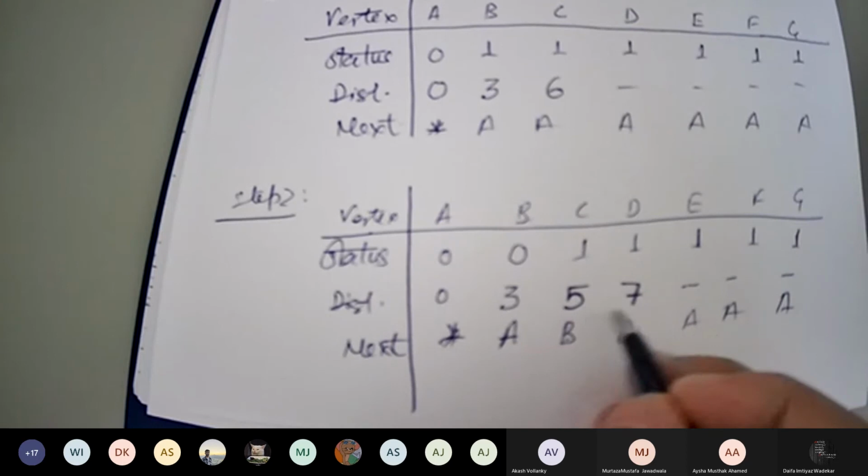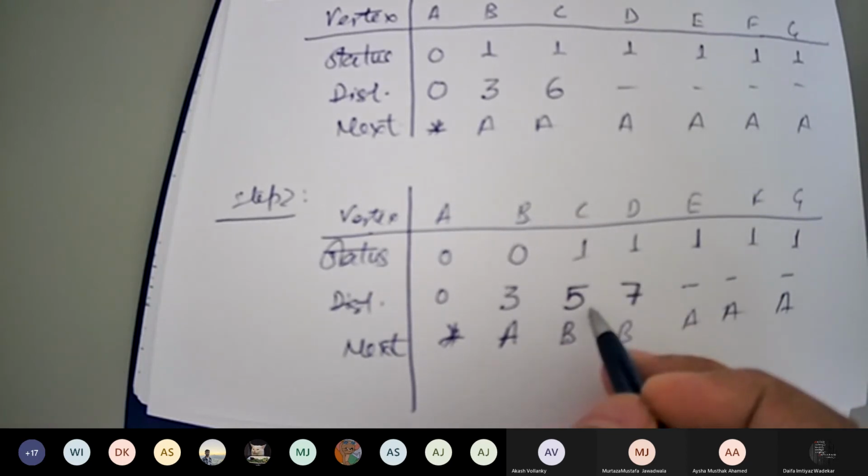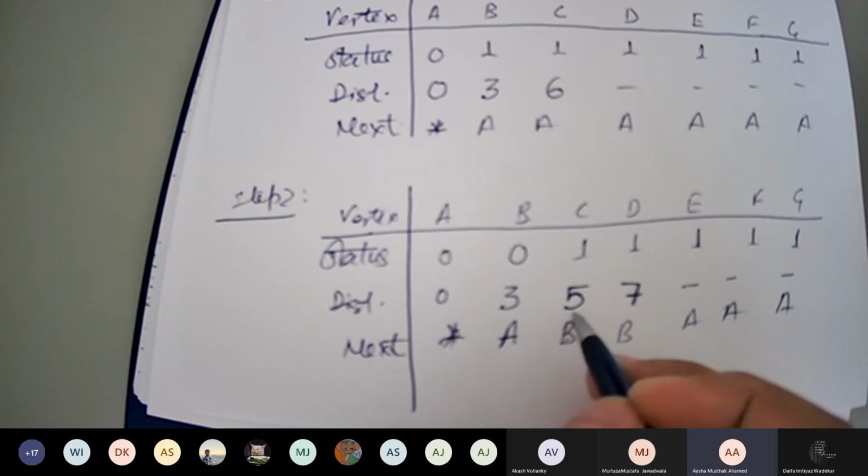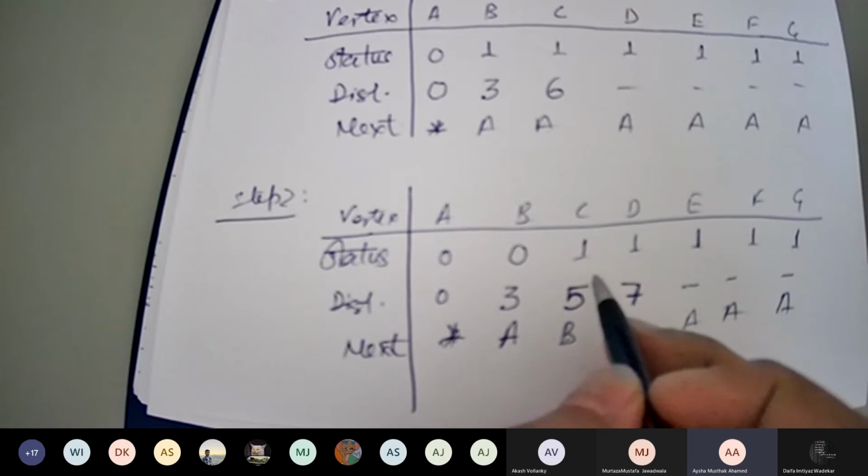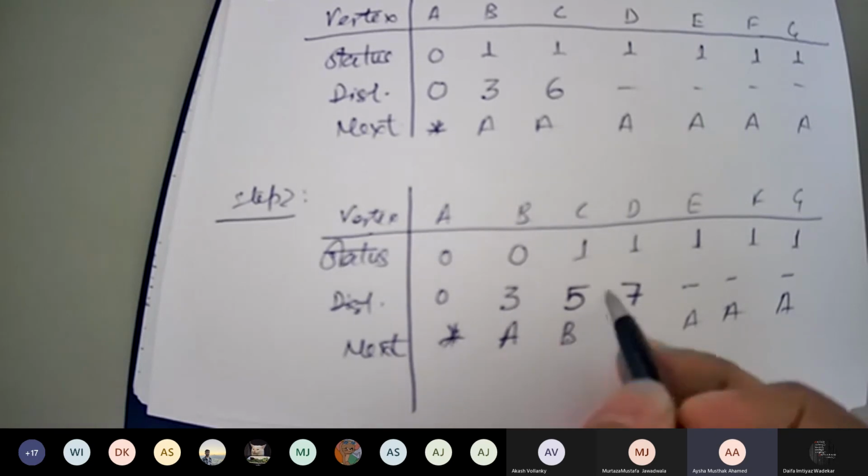Wherever 1 is there and distance is given, which one is minimum now? 5. 5 means you found till C, 5 is minimum.